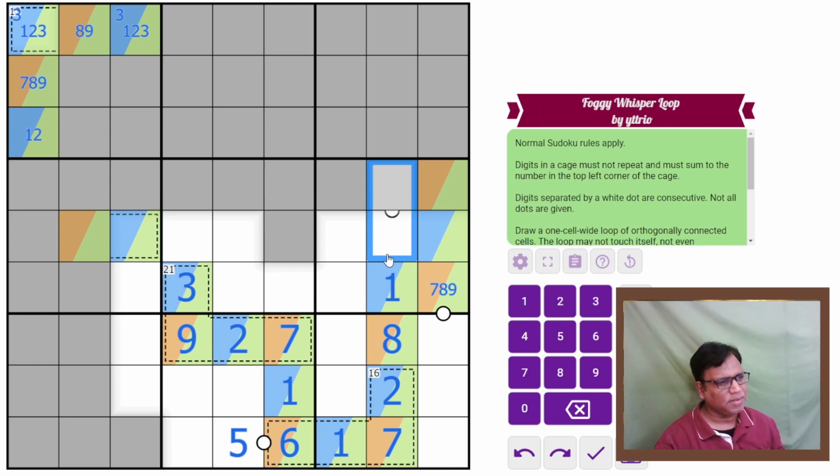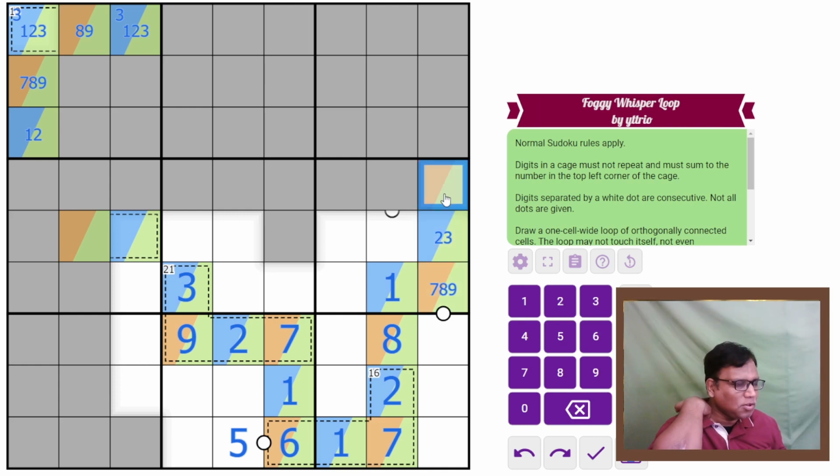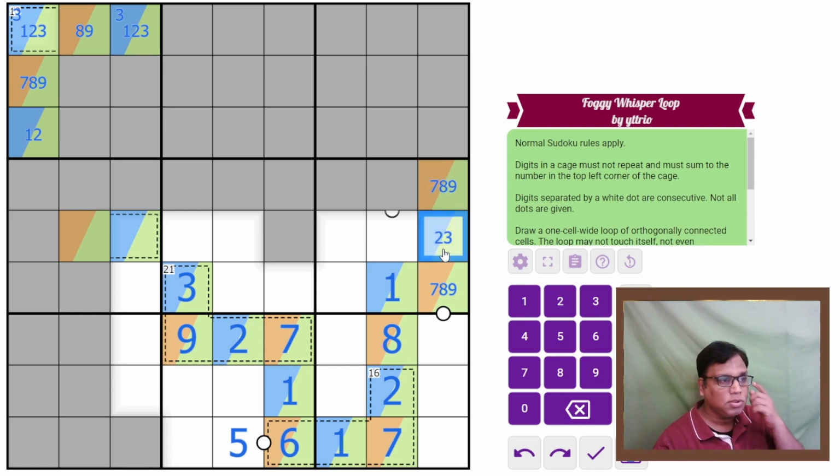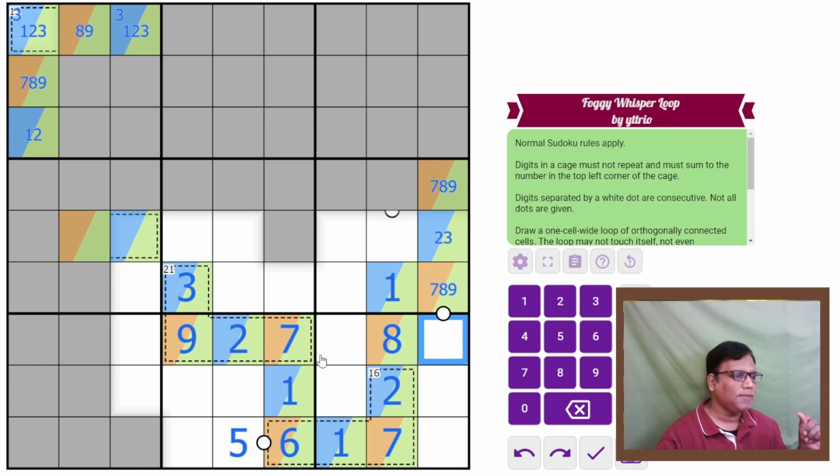Could be 5, 6. That's not 4, right? So that's 2, 3 only. So again 4 will need 9. Now that's definitely not 6. So that's also 7, 8, 9, because 6 will need 1, which we do not have. Oh, okay. That's not 7, 8, 9, right?